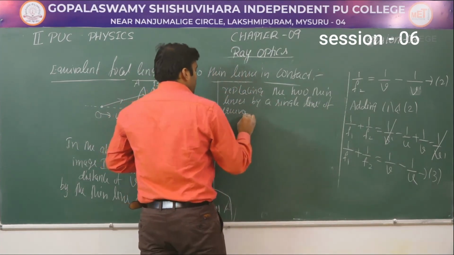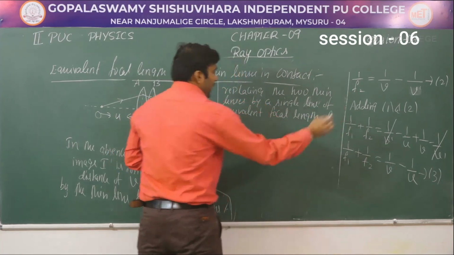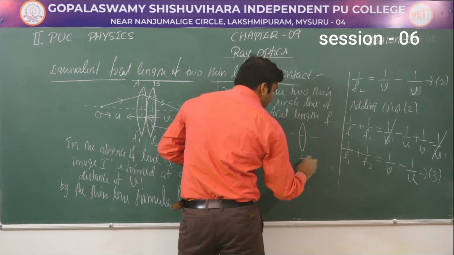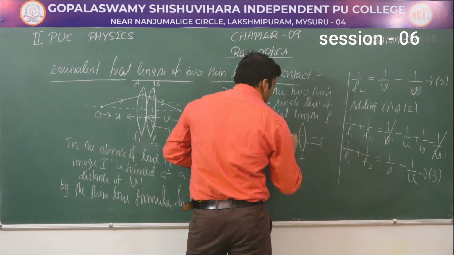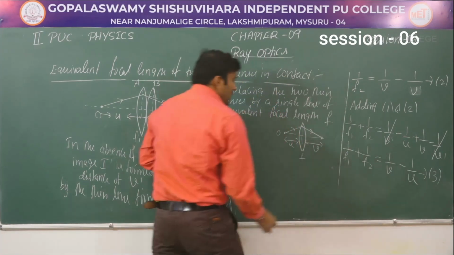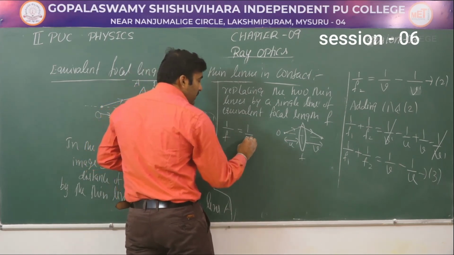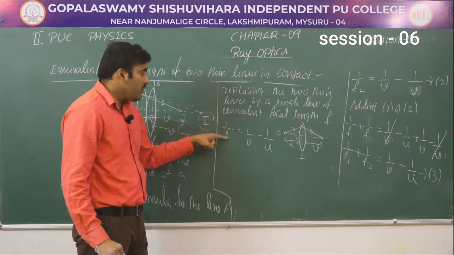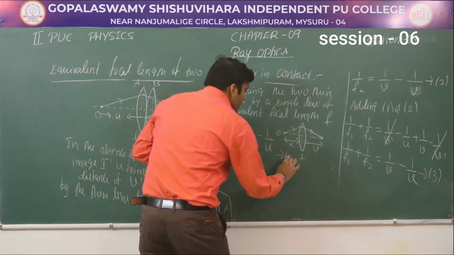So this lens having an equivalent focal length of f, at an object distance of u, forms an image somewhere here. This is v. So for this lens the equation will be 1 by f is equal to 1 by v minus 1 by u. I have used the same thin lens formula for this equivalent lens. So this is equation number 4.